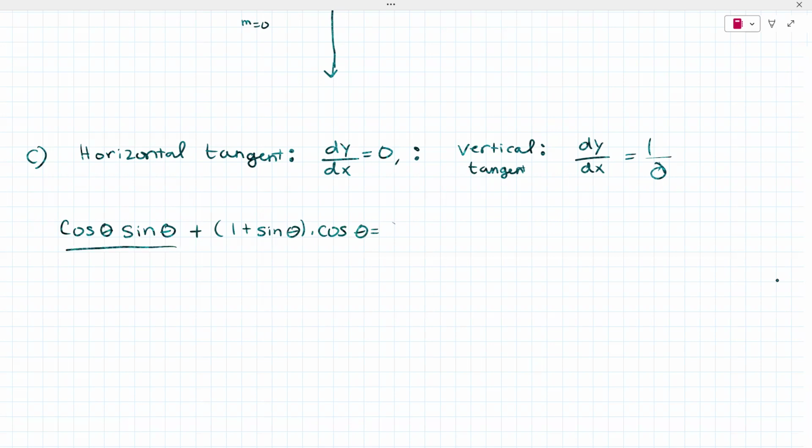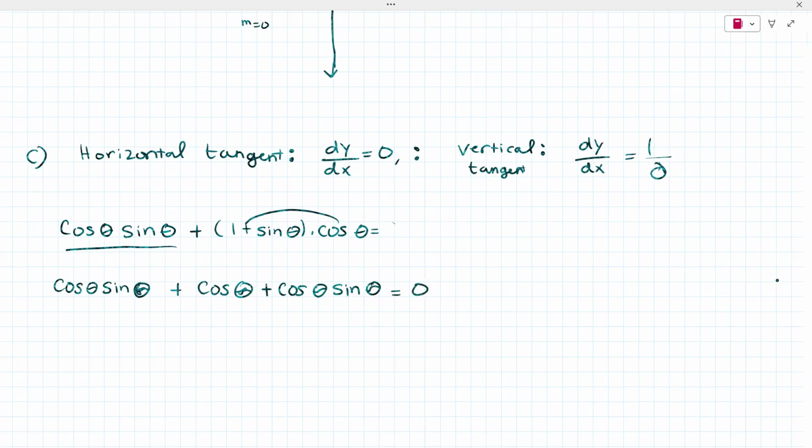This right here stays the same, so it's going to be cosine theta sine theta plus, and if I FOIL this out, you get cosine theta plus cosine theta sine theta equals 0.